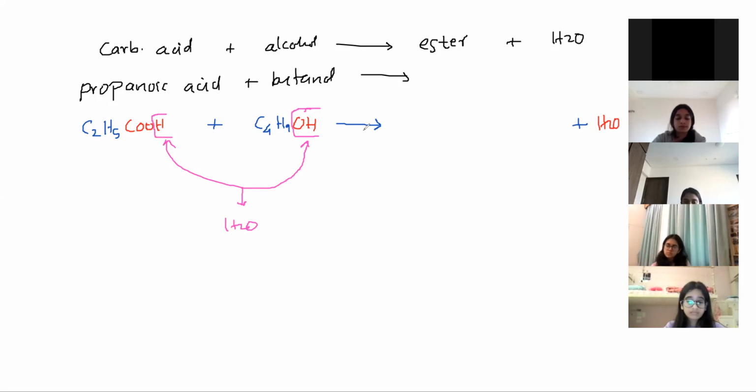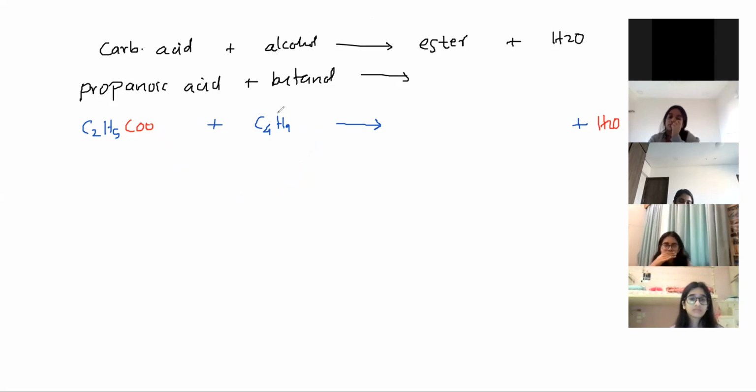Okay, the remaining part of the alcohol and the acid: this H is gone with water, OH is gone with water. So now what is left will give you the ester. But how will that be?